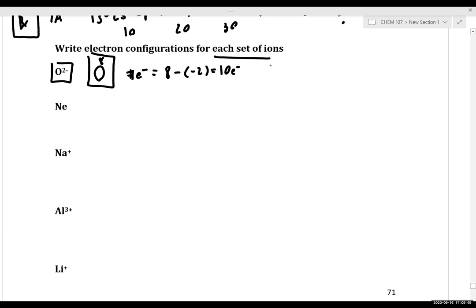So if we find our closest preceding noble gas, that would be helium. And then we fill in our orbitals from the lowest to the highest energy. And as we notice, the configuration for O2 minus matches that of the noble gas neon, which is helium 2s2 2p6.